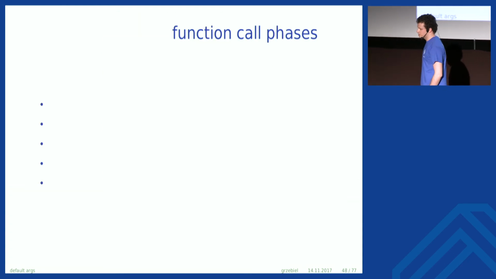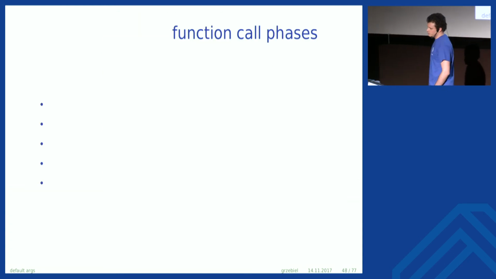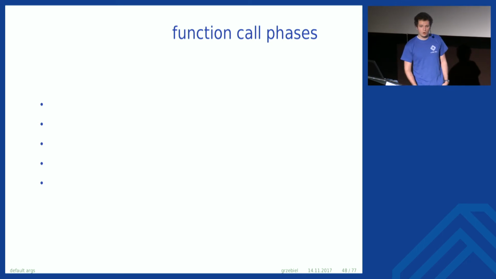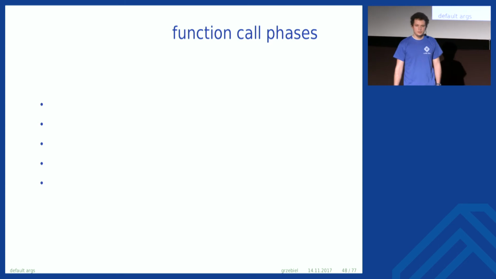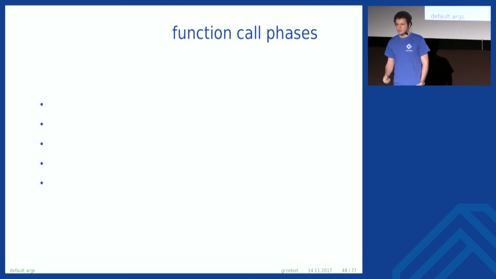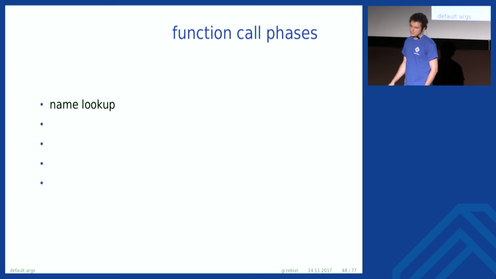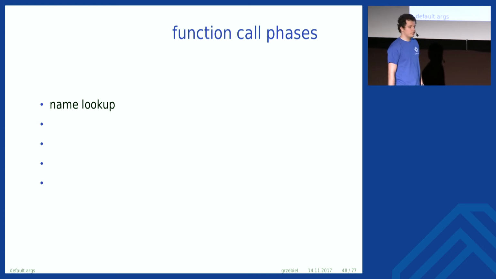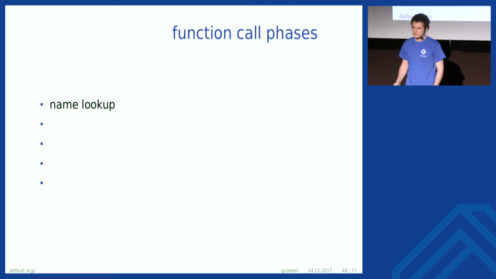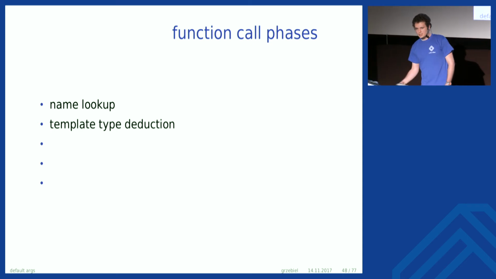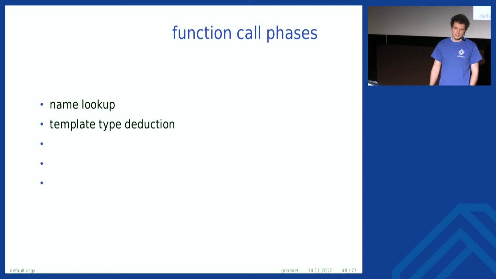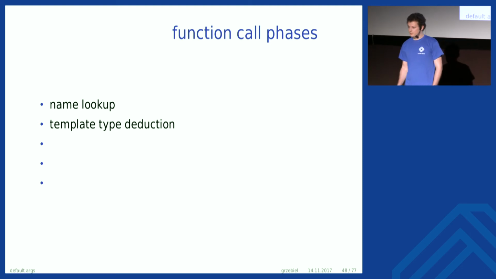So to fully understand what happens here, we have to go through all phases that the compiler has to do when calling a function. First, the compiler needs to perform name lookup. So it needs to find all the functions that match the actual name of our function. Then, if needed, we perform template type deduction if it found any template functions.